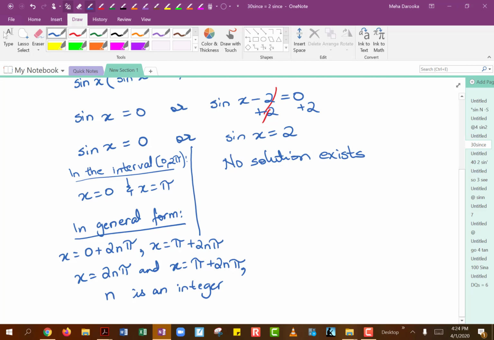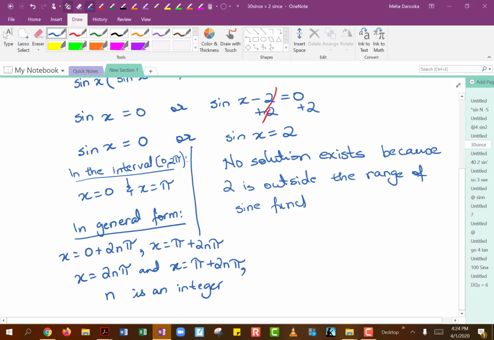There will be no solution because 2 is going to be outside of the range of your sine function, because the sine function has the same range as the cosine function.